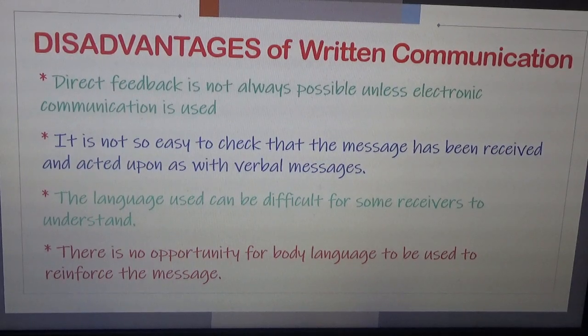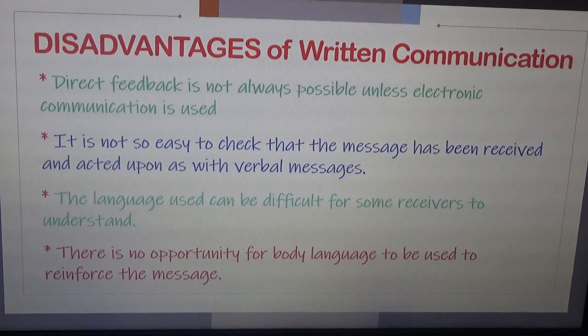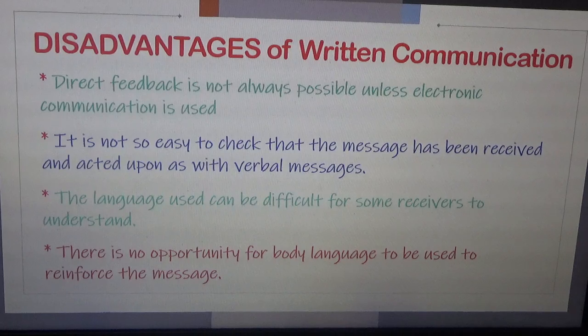First, we have the direct feedback, which is not always possible unless electronic communication is used. This can, however, lead to too many email messages being created and information overload, meaning people are unable to pick out the really important messages from the many that might be received.